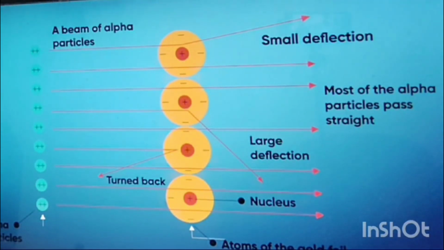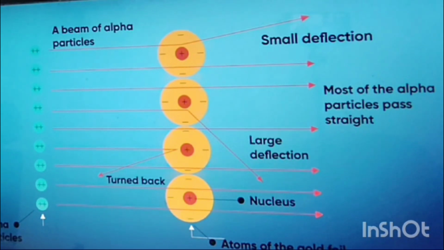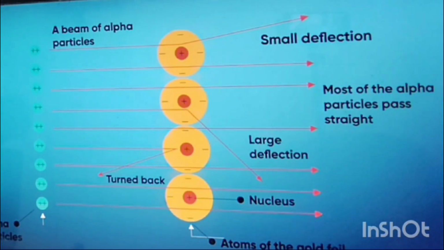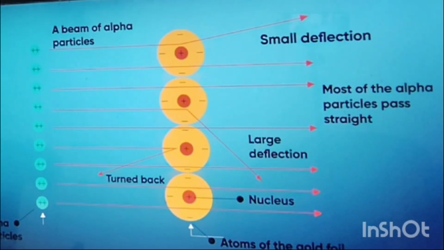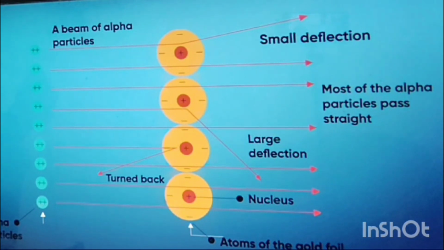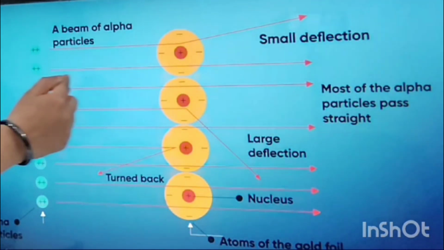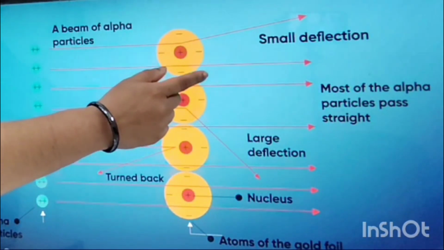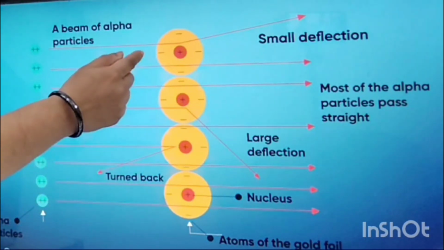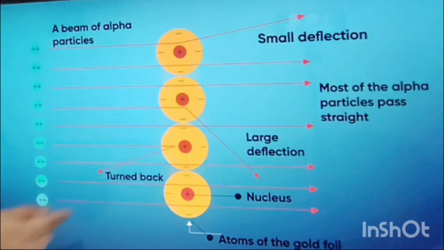So what he observed when alpha particles were bombarded on a gold foil, he observed that most of the alpha particles passed straight through the gold foil. There are gold atoms, gold foil, gold atoms are shown here.